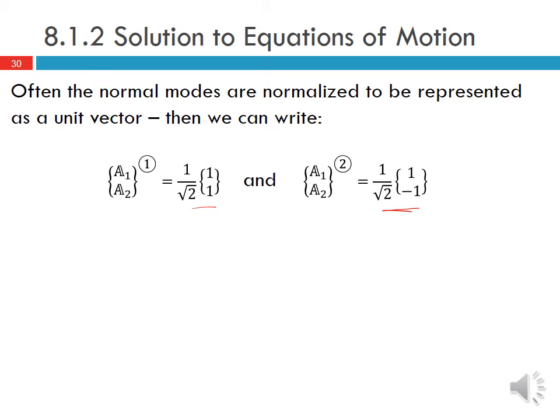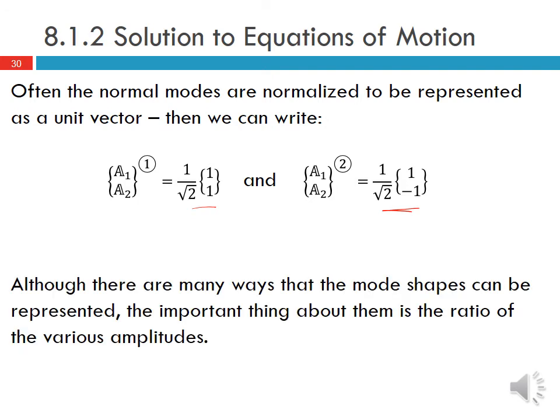And each natural frequency has a particular mode shape associated with it. There are many ways that the mode shapes can be represented. So we don't need to normalize them to be unit vectors, but we can. There's lots of different ways that we can do it. The important thing about them is the ratio of the various amplitudes that they represent.